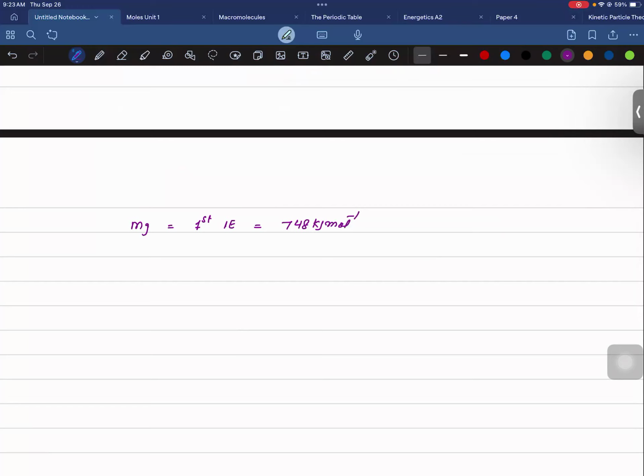Once you have removed the first electron, it is converted into this form. Then I remove the second electron, that is the second ionization energy. So this much energy is required to remove its second electron. Can you explain why the second ionization energy is greater than the first?